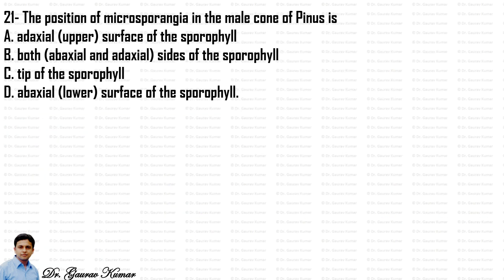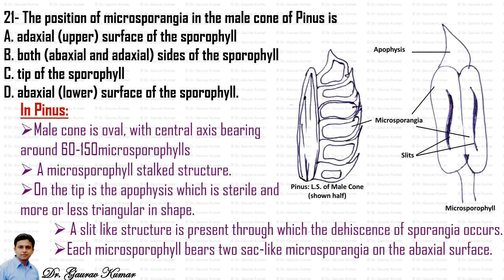The position of microsporangia in the cone of Pinus is. Now you can see the male cone of Pinus drawn on the left hand side. This is the LS of the male cone of Pinus, and on the right hand side I have shown a single microsporophyll bearing microsporangia. So let's read a little bit about it. The male cone is oval with a central axis bearing around 60 to 150 microsporophylls. Now a microsporophyll is a stalked structure, as you can see on the right hand side.